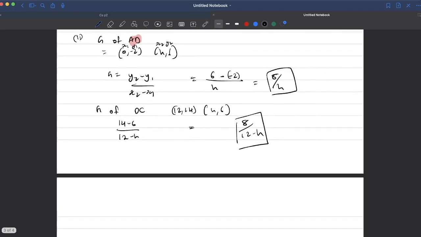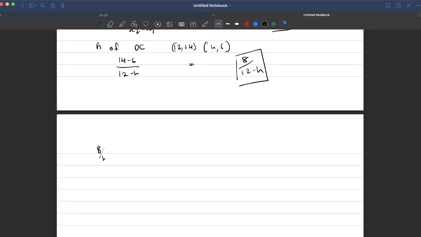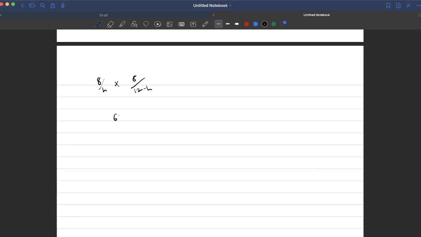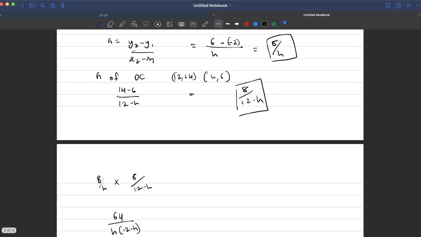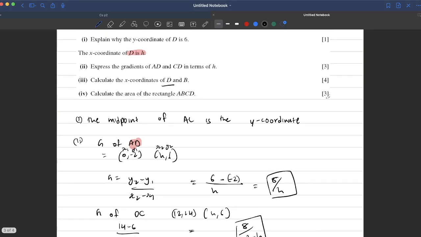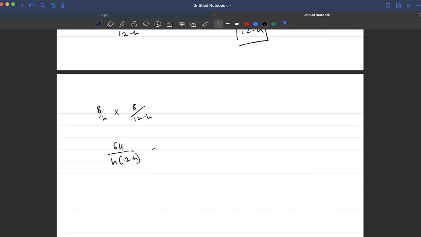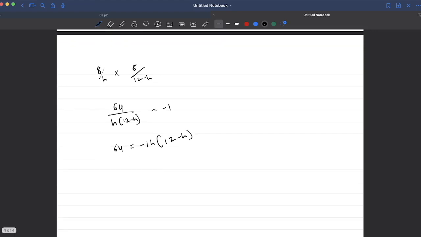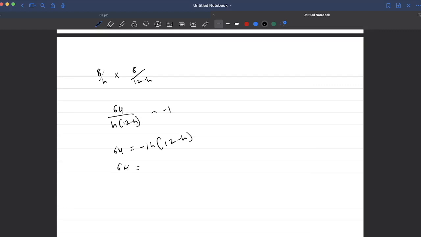Using that same principle, if I multiply 8 over h by 8 over 12 minus h, what does this give us? It gives us 64 over h(12 minus h), and this all equals -1. Now I cross multiply: 64 is equal to -12h plus h squared.